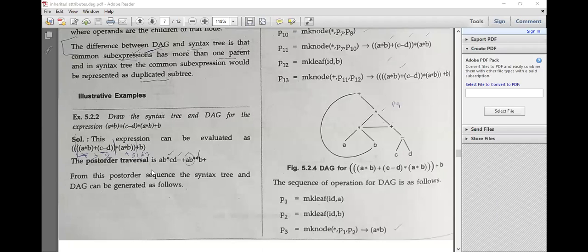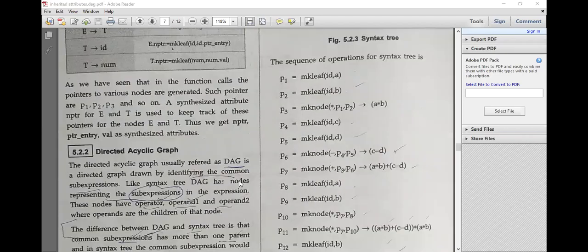Another part is A B star. Another part is A B star B plus. Because first we need to perform the operation, put the particular operator after the operands. So from this post order sequence, the syntax tree and DAG can be easily generated.